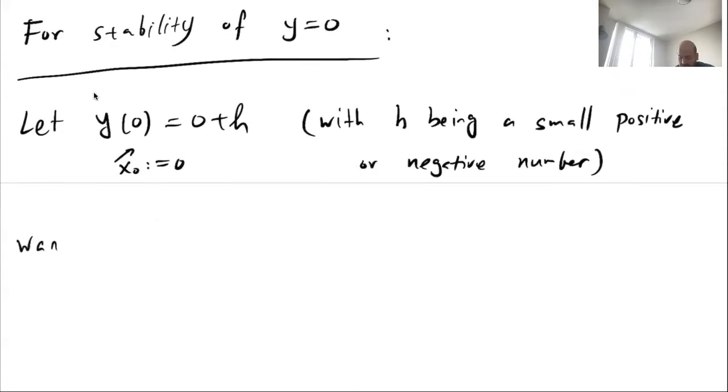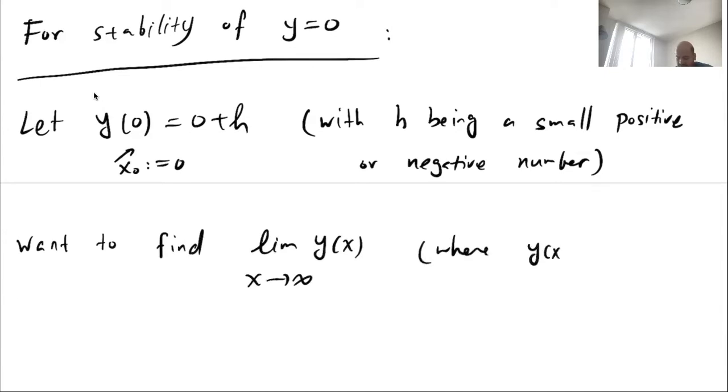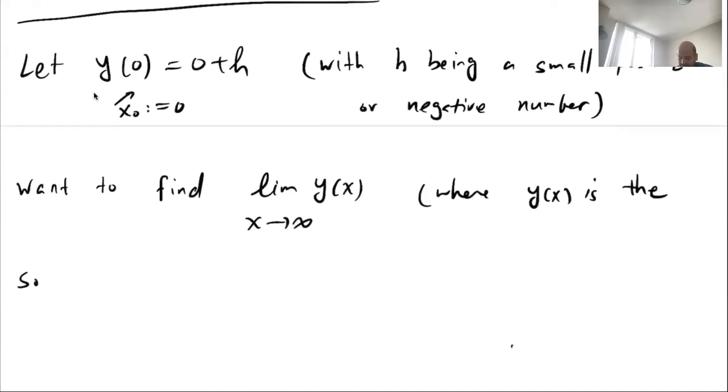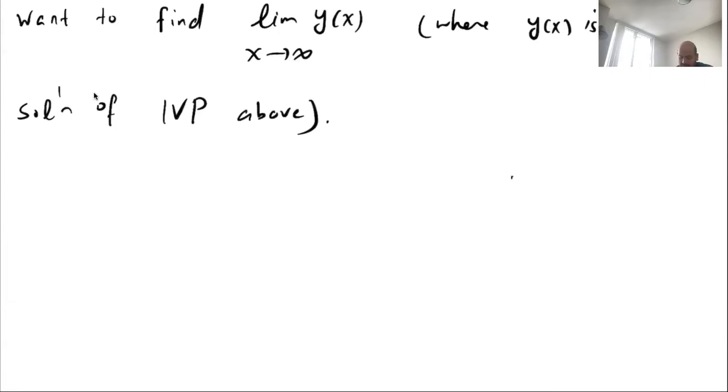And we want to find the limit of y of x as x goes to infinity, where y of x is the solution of the IVP above. So what is the equation? y prime equals y times (2 minus y), and y of 0 is h.